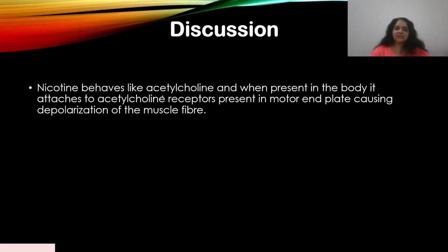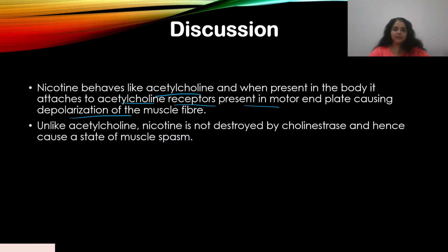So nicotine behaves like acetylcholine. That's a property of nicotine, and when it is present in the body, it attaches to acetylcholine receptors present in the motor end plate, which causes depolarization of the muscle fiber. Unlike acetylcholine, nicotine is not destroyed by cholinesterase. In normal function, acetylcholine is released from the terminals at the synaptic end, and cholinesterase then destroys the acetylcholine, right?